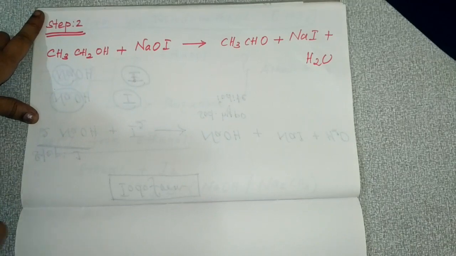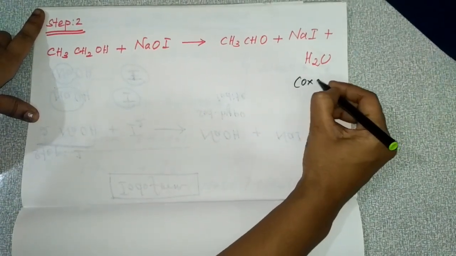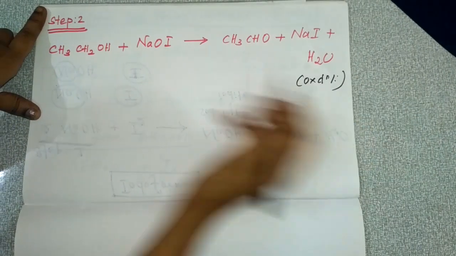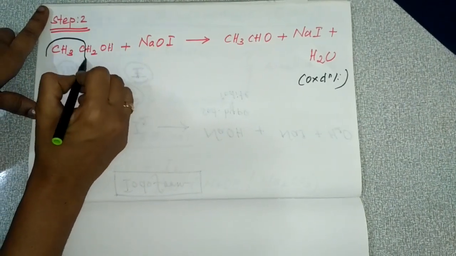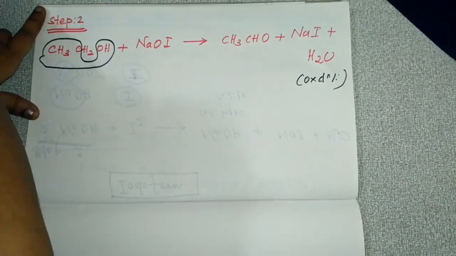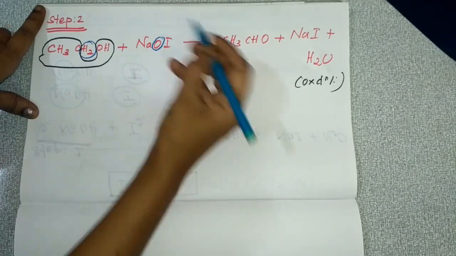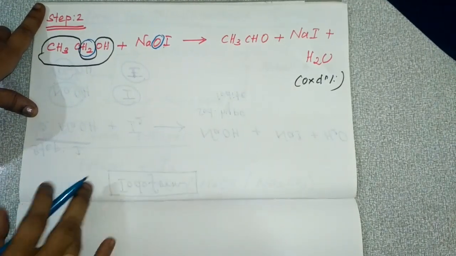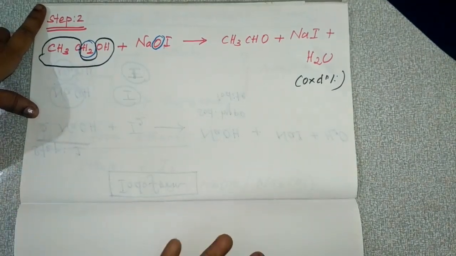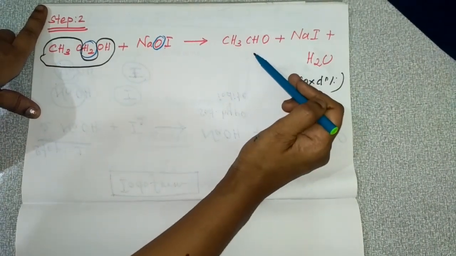So here CH3CHO, oxidation takes place. CH3CHO and water will get removed and you are left with sodium iodide. So ethanol gets oxidized to ethanal.